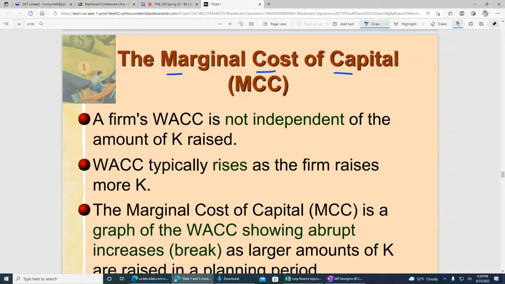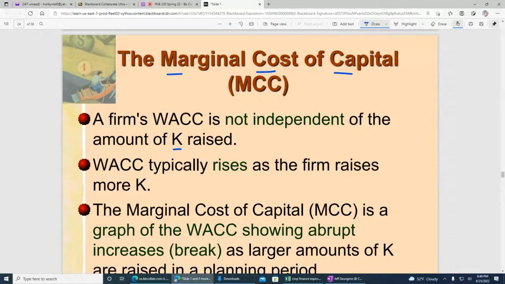A firm's weighted average cost of capital is not independent of the amount of capital raised. Think about it. Just like the example I used before, if you had 1.5 billion in retained earnings, and the project can be all accommodated by debt, preferred stock, and retained earnings, then there will be no jump in the weighted average cost of capital, right?